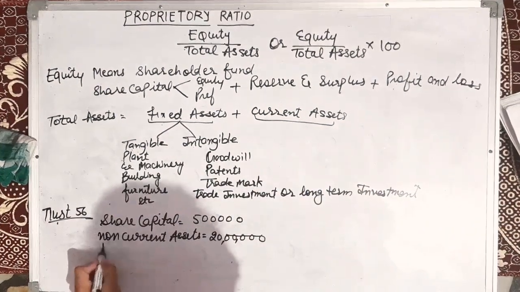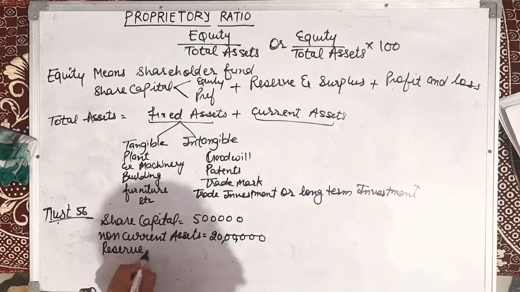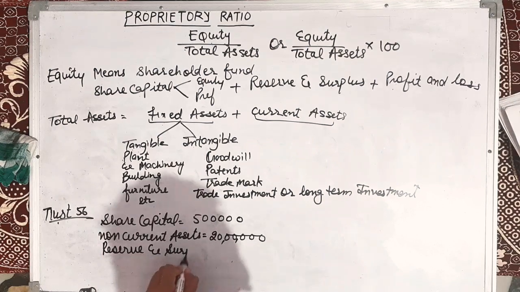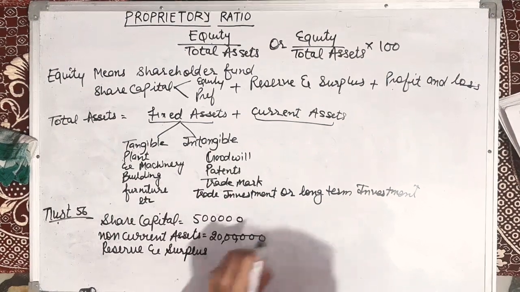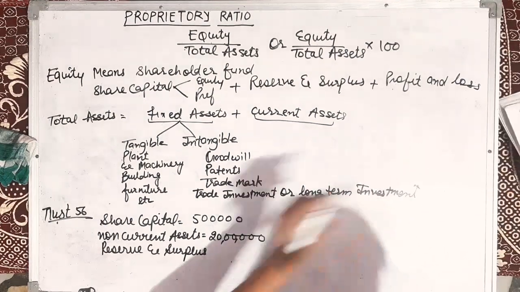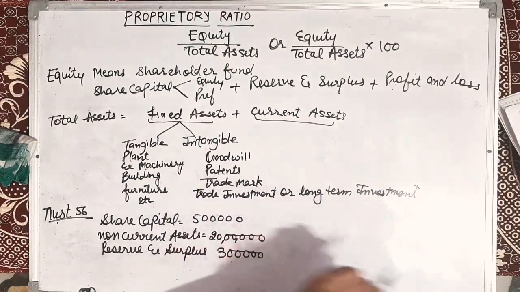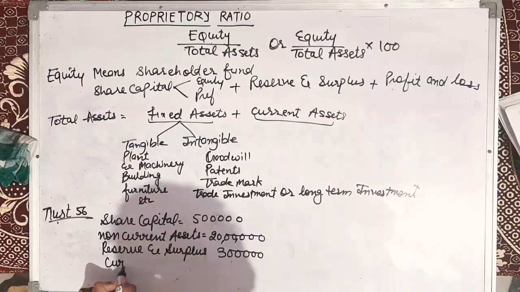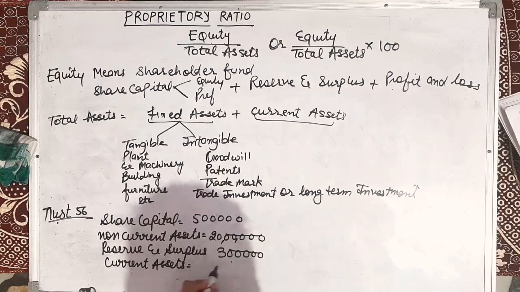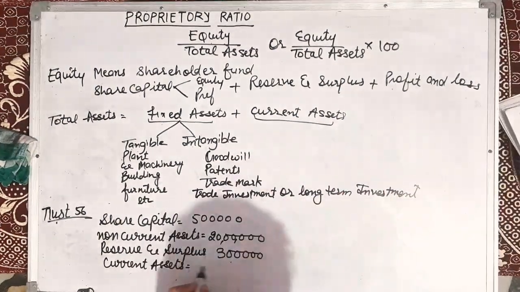Reserve and surplus is equal to 3 lakh. And last one is current assets, that is equal to 12 lakh.